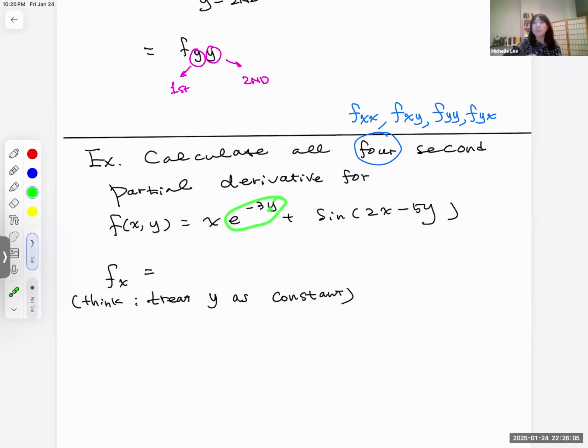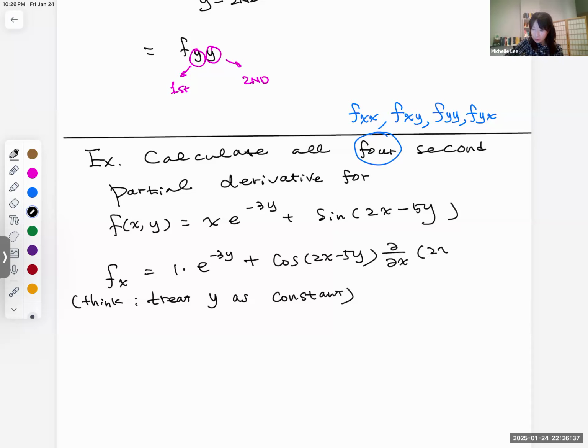For the first term, this is a constant, so the derivative of this is 1 times the constant, the coefficient. Then we want the derivative of the cosine, so plus cosine of 2x minus 5y, and then the chain rule, partial derivative with respect to x.